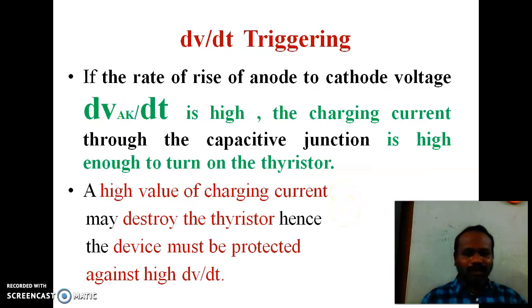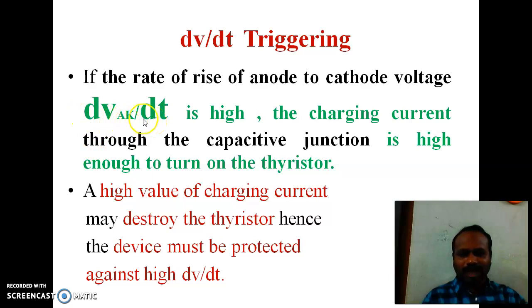Next one, dV by dt triggering. If the rate of rise of anode to cathode voltage, dV by dt, is high, the charging current through the capacitive junction is high enough to turn on the thyristor. Here the rate of rise of anode to cathode voltage is represented by dVAK by dt.